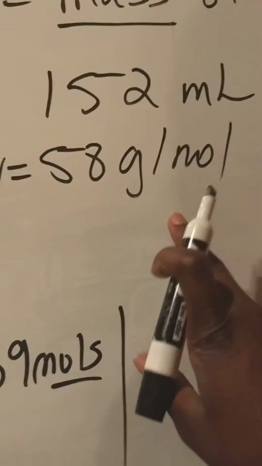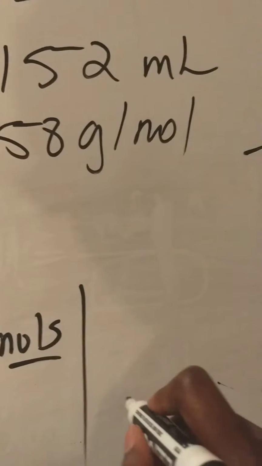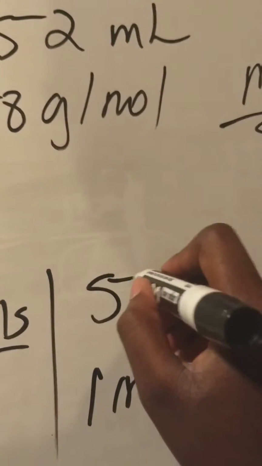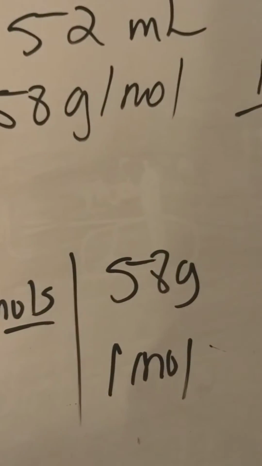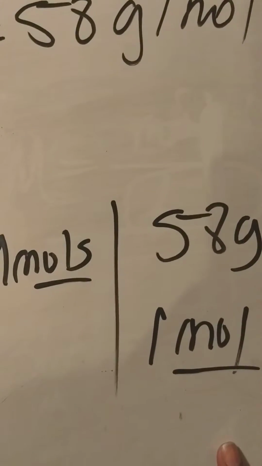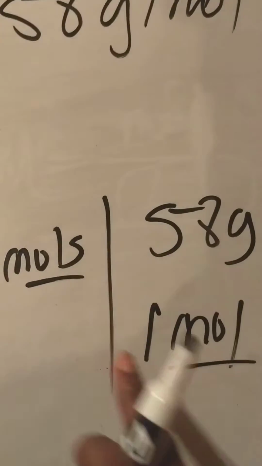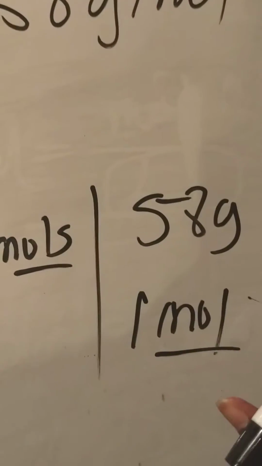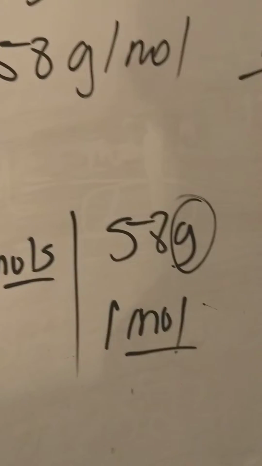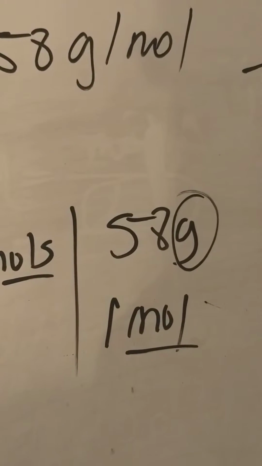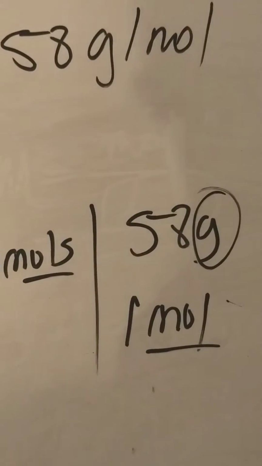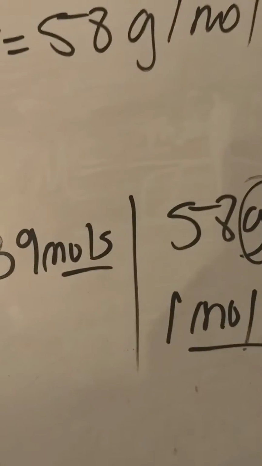So when you take your molecular weight, it would be 1 mole over 58 grams. Because if it isn't like this, these units won't cancel, and you will end up not with your desired unit of grams, but with moles or some sort of weird variant of grams per mole or moles per gram. You don't want that. So just do it like this and you will be fine.